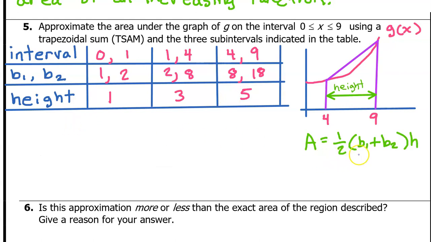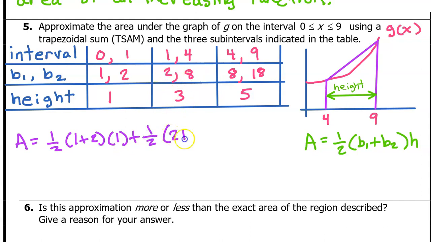Remember that the formula for the area of a trapezoid is 1/2 base 1 plus base 2 times height. So our area approximation will be the sum of 3 trapezoid areas. So we're going to have 1/2 base 1 plus base 2 times the height, plus another 1/2 base 1 plus base 2 times the height.